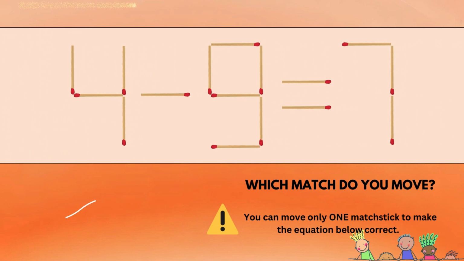And last but not least, the crowd pleaser, the matchstick puzzle. Move one matchstick and replace it somewhere else in the equation to make the math correct. Which matchstick should you move?